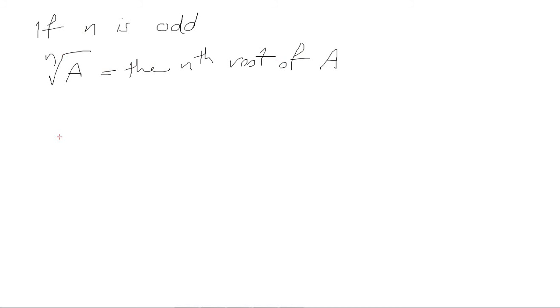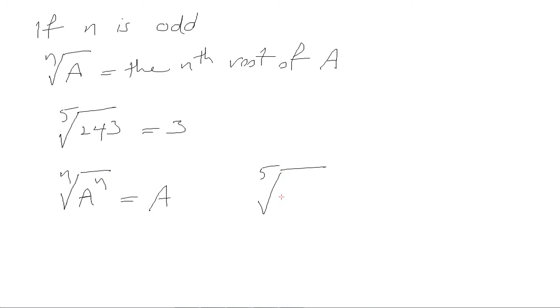For example, radical index 5 of 243 is 3. That is because 3 to the power of 5 is 243. And if a is any real number and n is something odd, radical index n of a to the power of n is just a. So, for example, radical index 5 of negative 8 to the power of 5 is just negative 8.